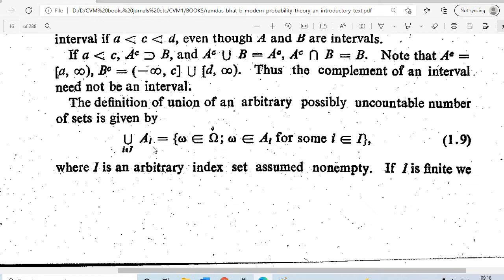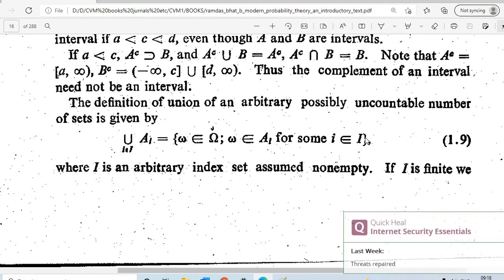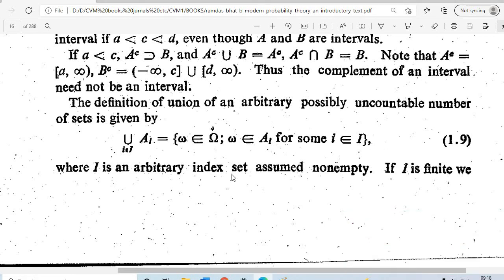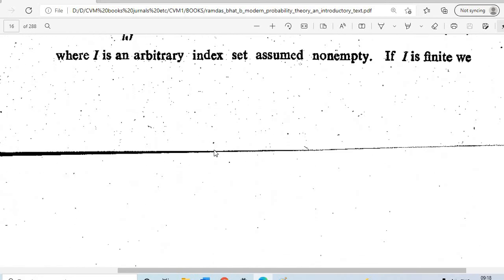That is denoted like this. ഇവിടെ ഒരു I എന്നാണ് ഇൻഡെക്സ് സെറ്റ് കൊടുത്തിരിക്കുന്നത്. ഞാനിപ്പോൾ എഴുതിയതിൽ ഇൻഡിജേഴ്സ് എടുത്തു, നാച്ചുറൽ നമ്പേഴ്സ് എടുത്തു. അത് വേറെ ഇൻഡിജേഴ്സ് ആകാം, മറ്റേതെങ്കിലും ഇൻഡെക്സ് സെറ്റ് ആവാം. So this is an arbitrary union of sets.